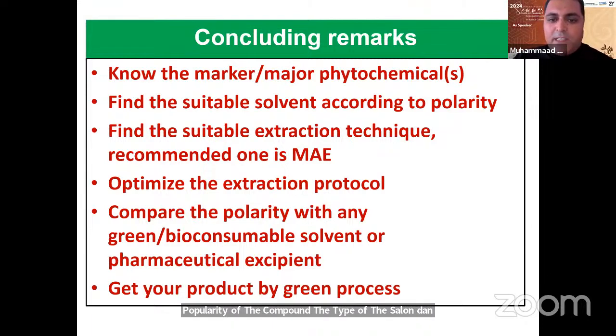You have to optimize the extraction protocol, like the powder amount, the solvent amount, and the time duration of the microwave extraction. After that, you have to compare the polarity of the green and bioconsumable solvent or pharmaceutical excipient which you intend to use for the preparation of the green extract. And after all optimization and hard work, you can get your product by a green process.